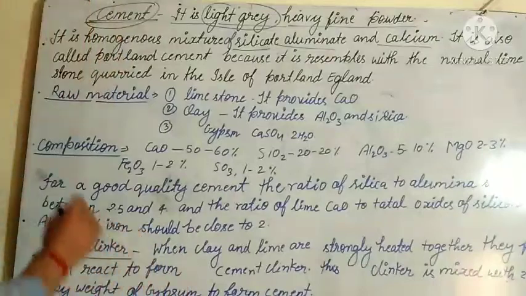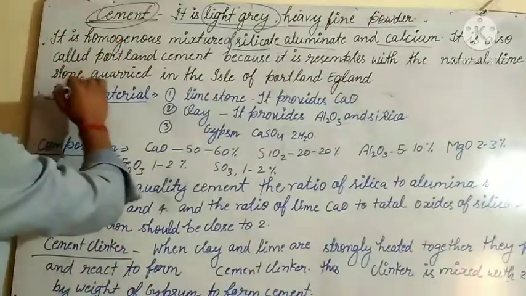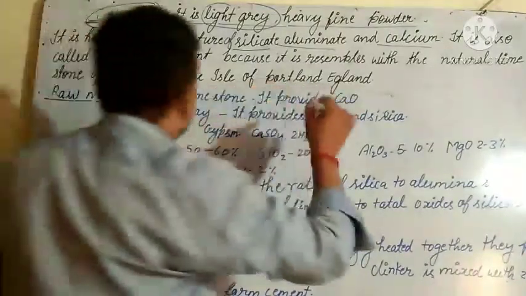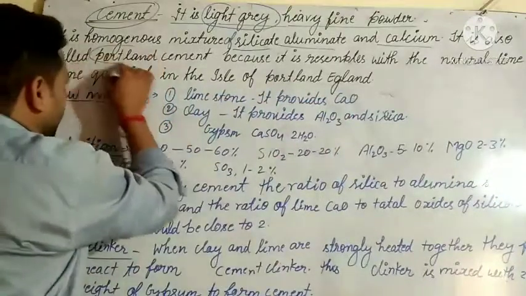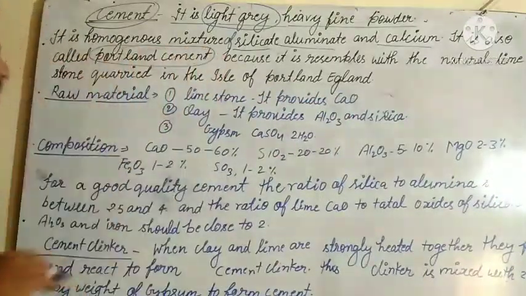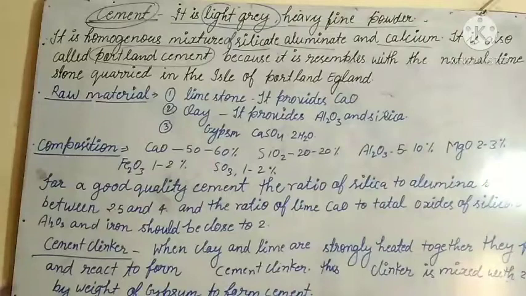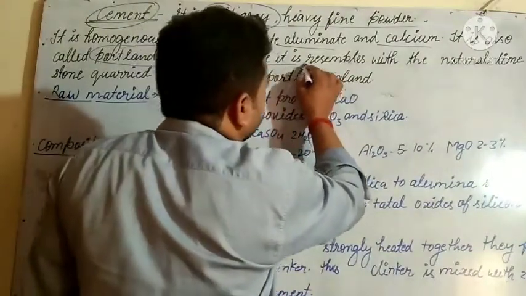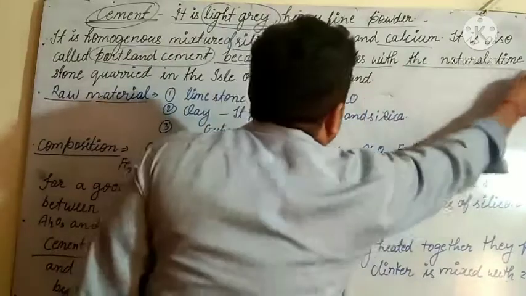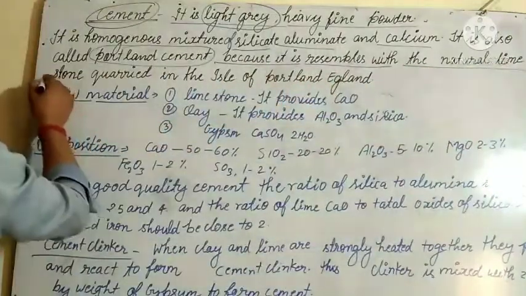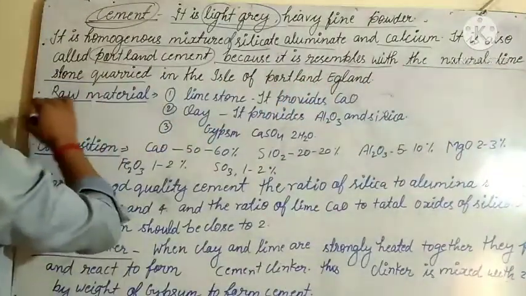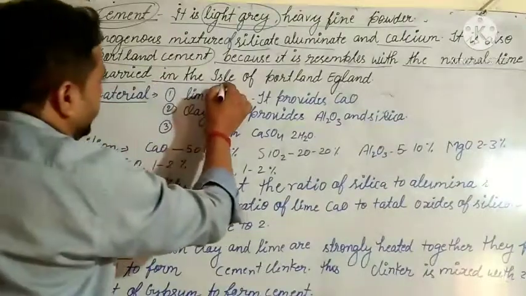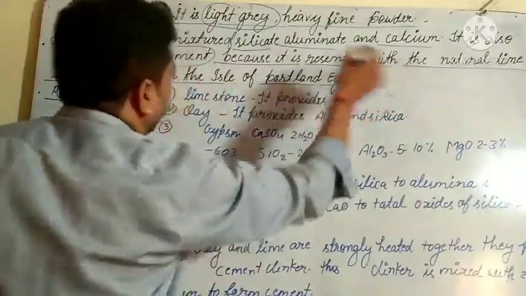It is also called Portland cement. What is Portland cement? Because it resembles the natural limestone found in the slate of Portland, England.